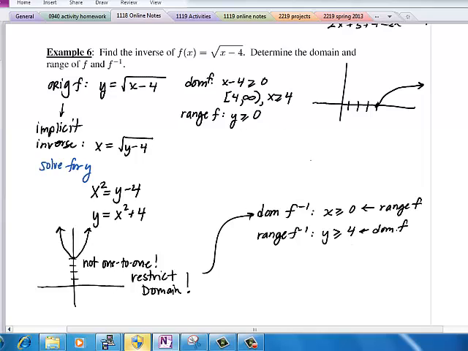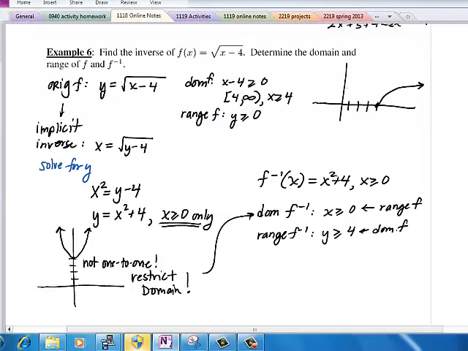That was y greater than or equal to 0. So our restricted domain needs to be x greater than or equal to 0 only. So f inverse would be not just x squared plus 4, but x squared plus 4 with the restriction that x is greater than or equal to 0.